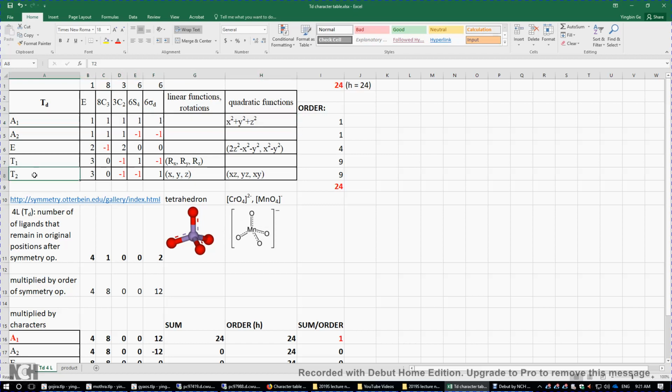How about T2? Okay, if we look at the character table, we see XZ, YZ, XY. They correspond to actually the DXZ, DYZ, and DXY orbitals on the transition metal. So the 4 ligands can form a T2 irreducible representation, and they will interact with the DXZ, DYZ, and DXY orbitals of the transition metal.